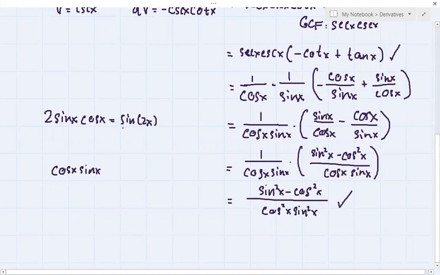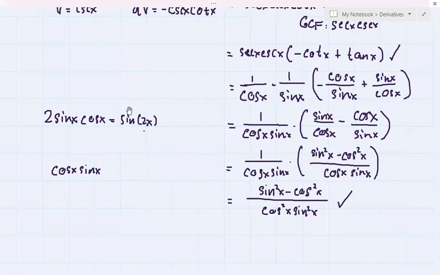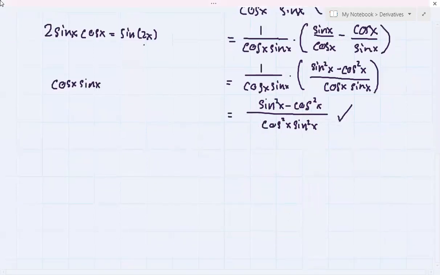So, can we have sine of 2x here? The answer is yes. However, we only have sine x and cosine x, but we don't have the 2. So how could we have that?